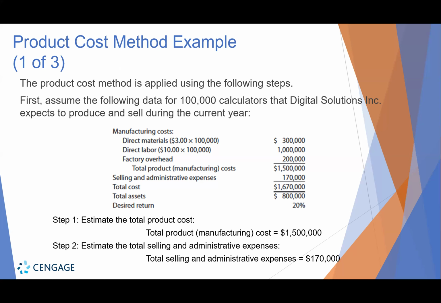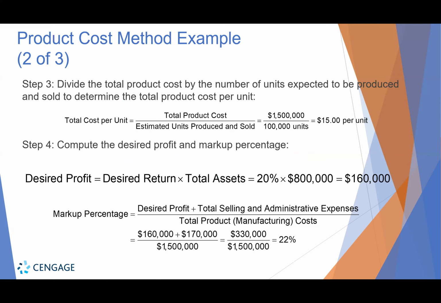So if we look at that, we've got our costs of manufacturing of 1,500,000, our selling expenses of 170,000. If we look at the cost divided by our units, it's going to cost us about $15 a unit. If we want a rate of return of 20% on our assets, then we want 160,000 in profit.